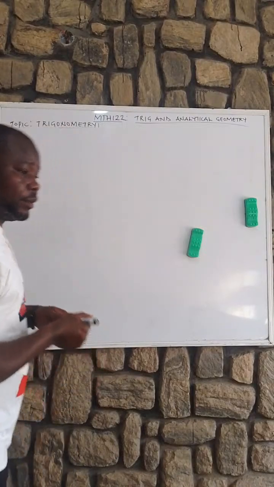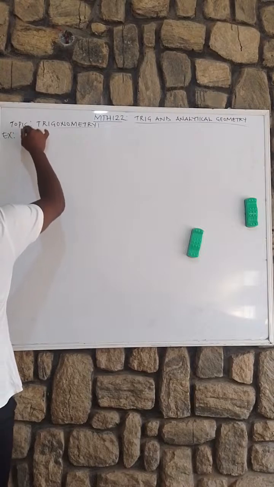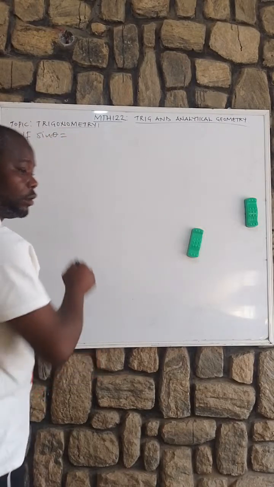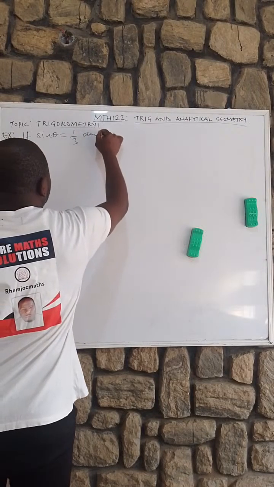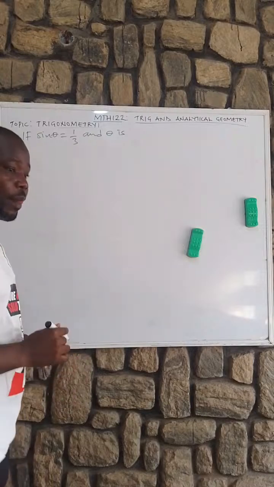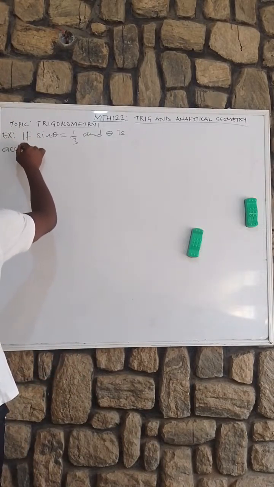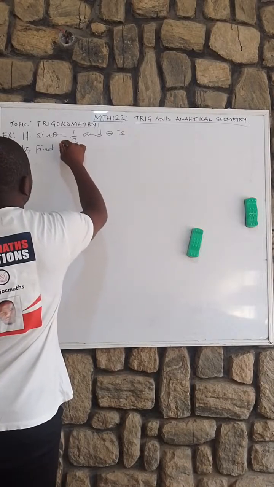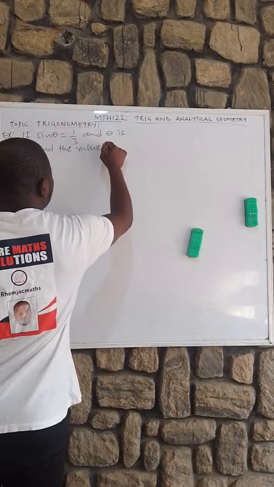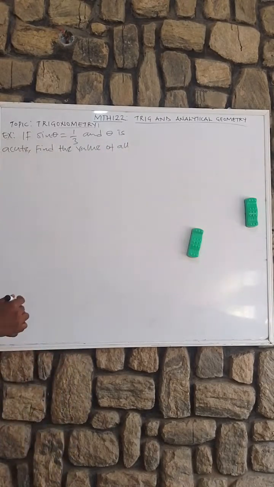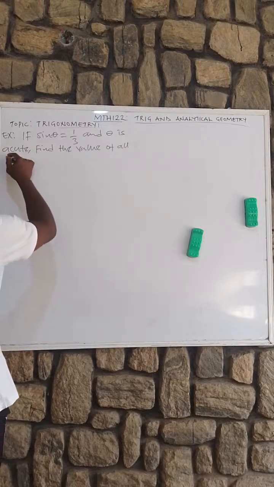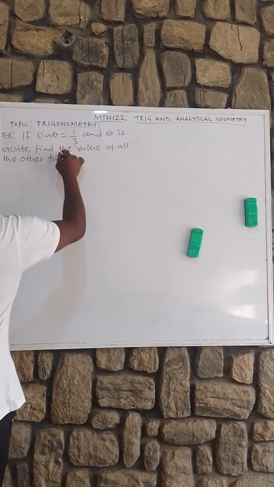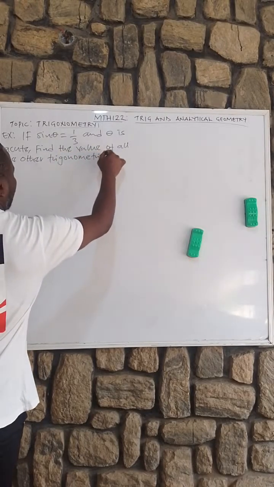Very important. Example: if sin theta equals 1 all over 3 and theta is acute, find the value of all the other trigonometrical ratios.